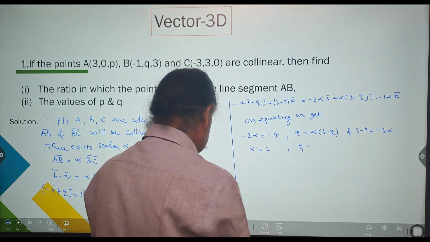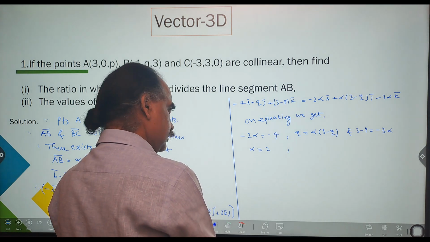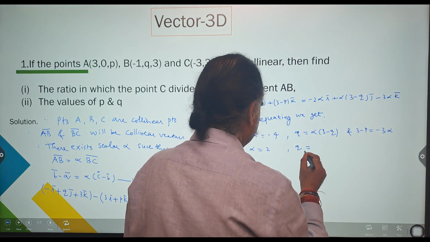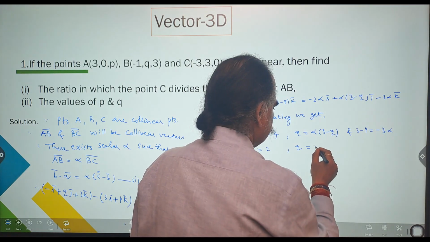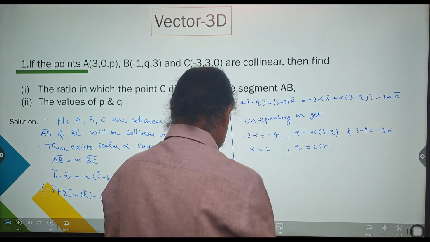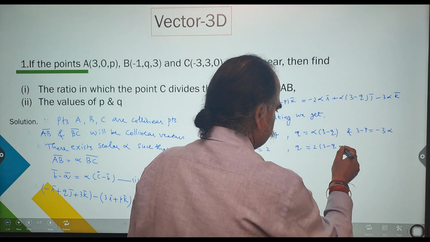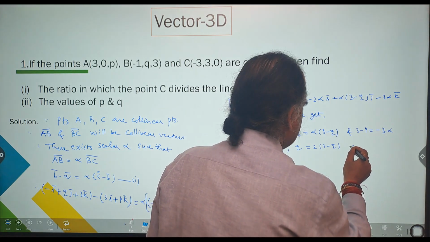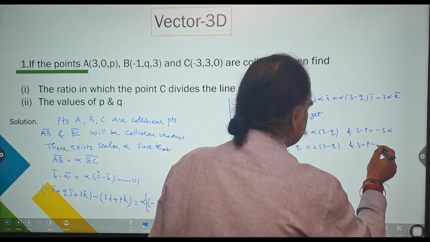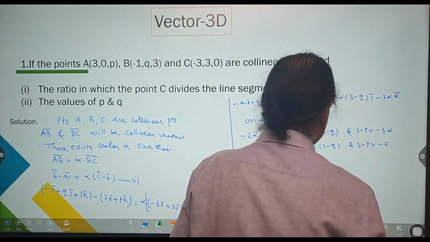q is what? Two into (3 minus q). And 3 minus p is what? Minus 3 into 2 is what? Minus 6.